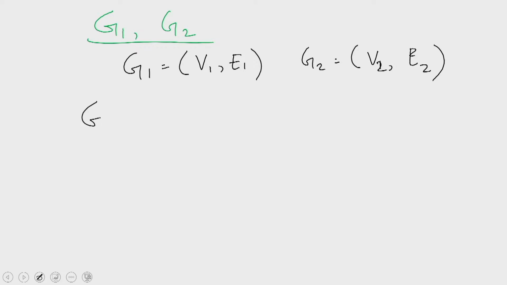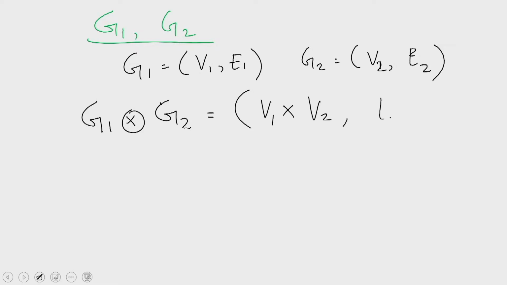Then we define the cross product G1 cross G2 as a graph on V1 cross V2 with edge set E, where we define E as the set of all edges of this form.